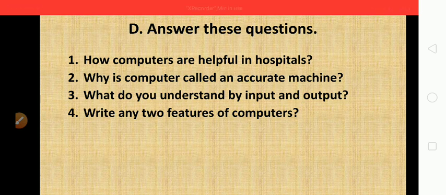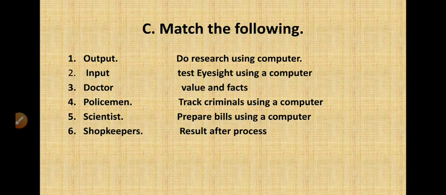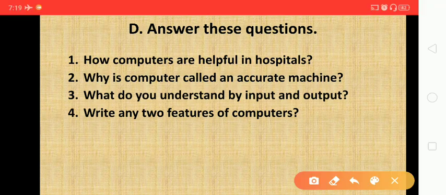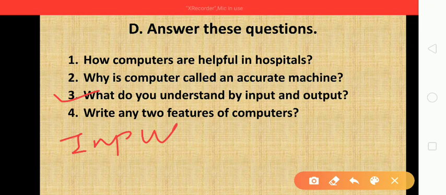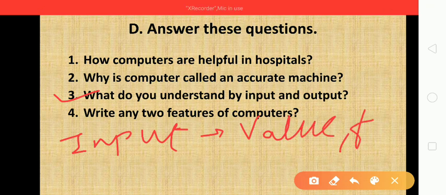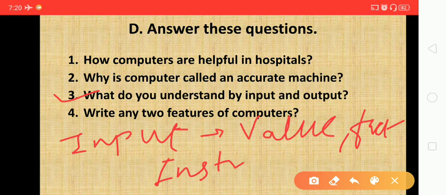Next thing is, what do you understand by input and output? We just did. What is meant by input? Values and facts. In match the pairs we did it, values, facts, and the instructions that we provide are known as input.